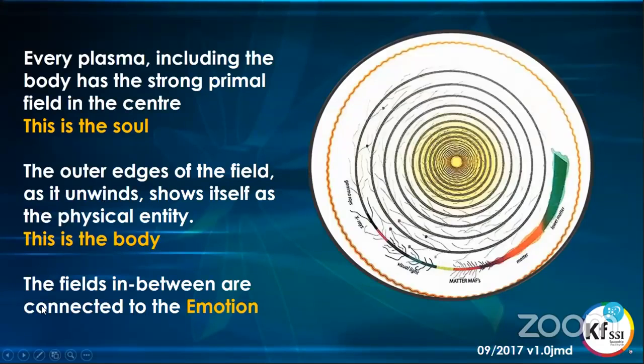The outer edges of the field, as these fields unwind, show themselves as the physical entity, which is the body, and the fields in between, the transition fields, these are our emotion. So even within our body, we have the same structure, the same principle.